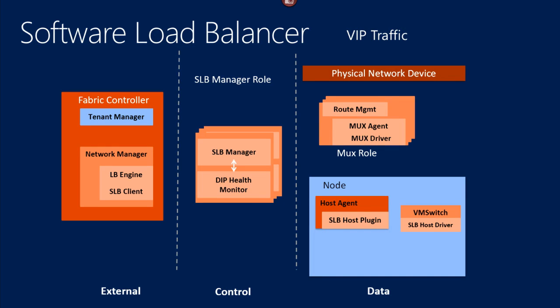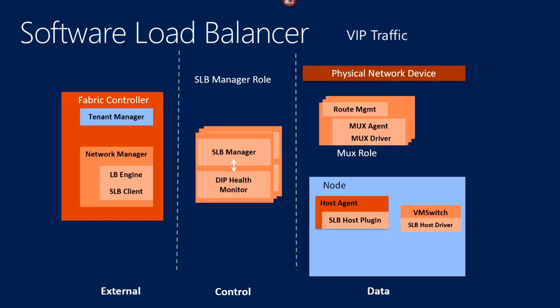So about 5 or 6 years ago, working with MSR, we started a project called the Software Load Balancer. The Software Load Balancer architecture is shown here, and I thought I'd share it with you so you can understand, when your traffic comes into the data center or comes out of your VMs, what's managing the routes for that traffic. It is the Software Load Balancer. The slide is divided into 3 sections.